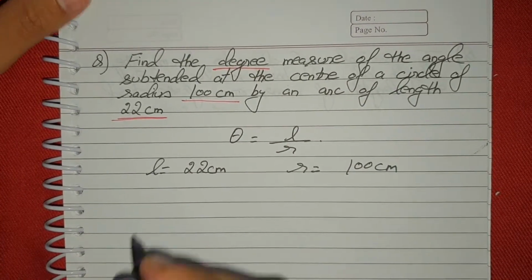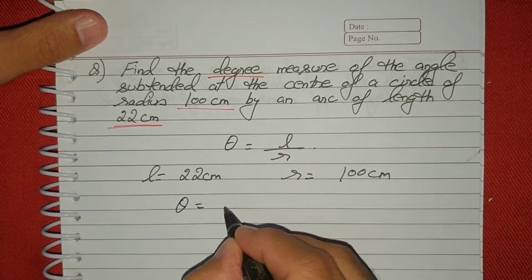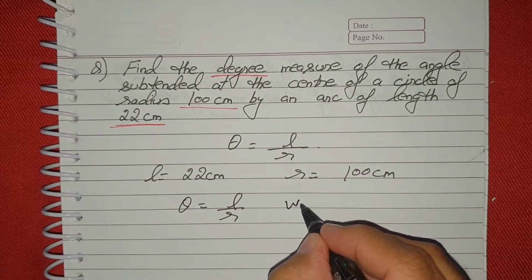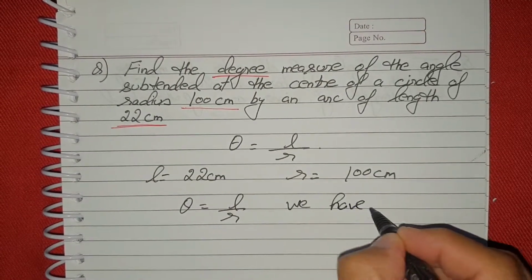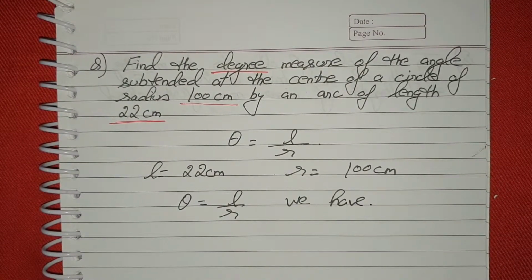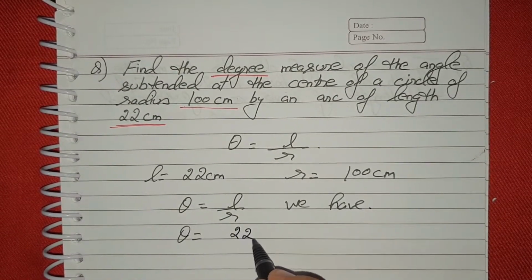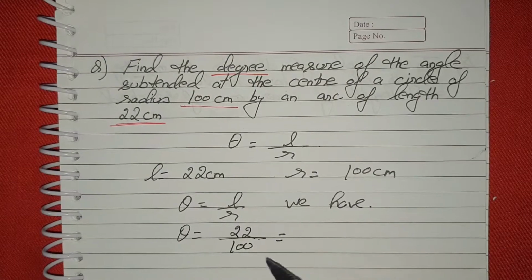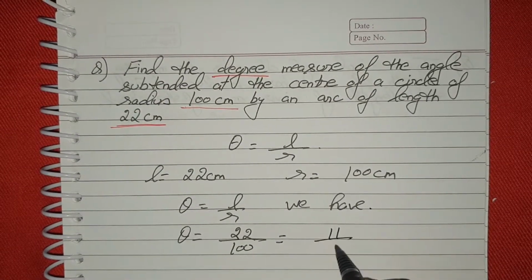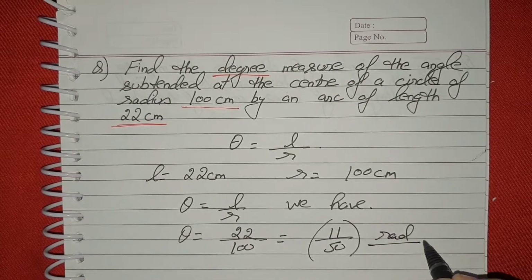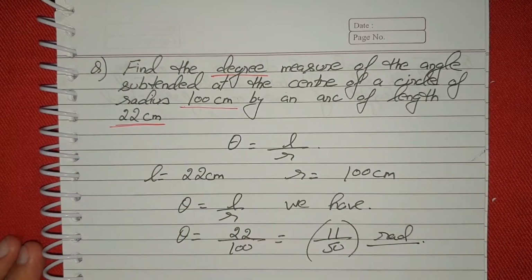Now using the formula, theta equals L by R, theta is 22 by 100, which is 11 by 50 radian. Now see, this is in radian, but we have to express this in degrees.